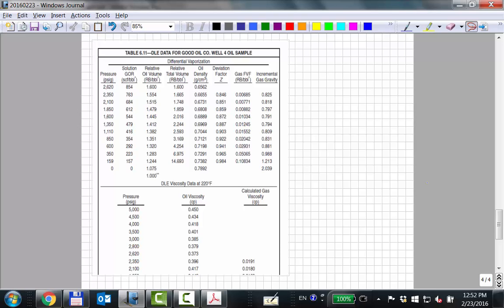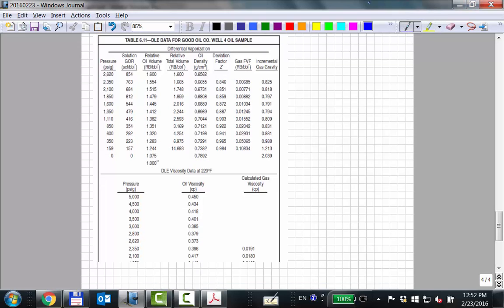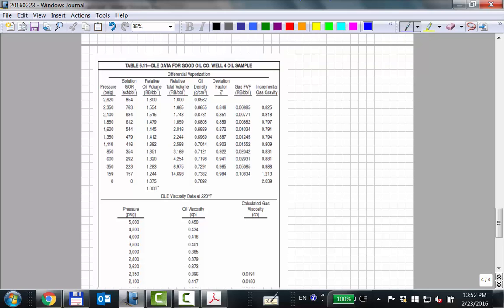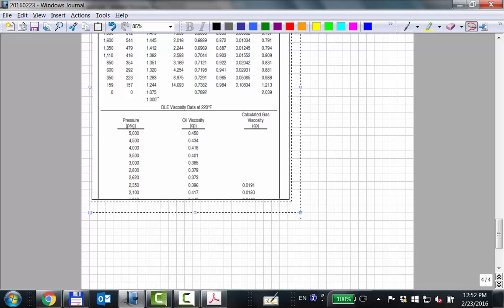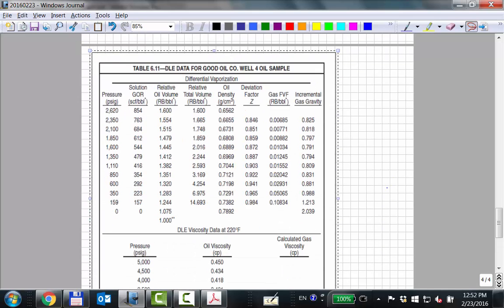Okay. So let's just go through here and see. Can you guys read that or not? I need to make it a little bigger.